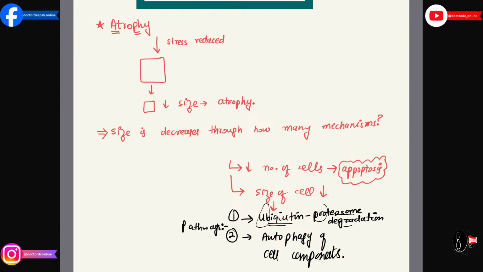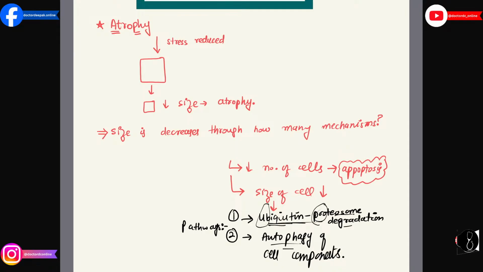Those enzymes can damage proteins and destroy different things. We know that in the proteasome there are different kinds of hydrolytic enzymes, and those enzymes help in degradation, in breakdown. So you have to keep in mind the cell size is going to decrease by two mechanisms: first, the ubiquitin proteasome degradation pathway, and second, autophagy.